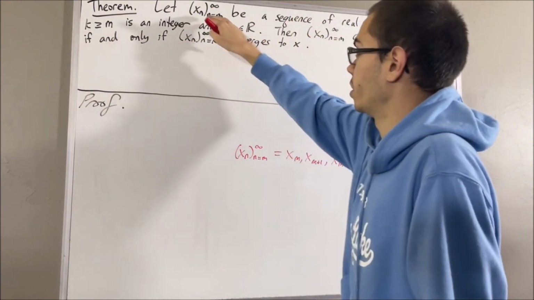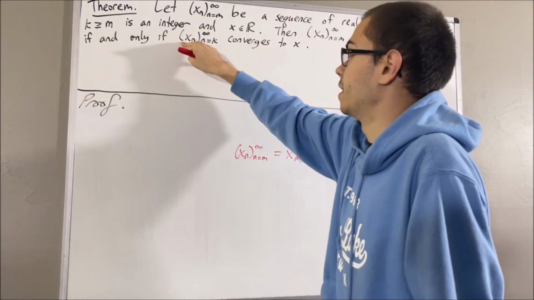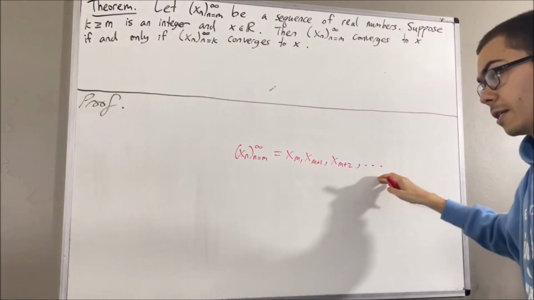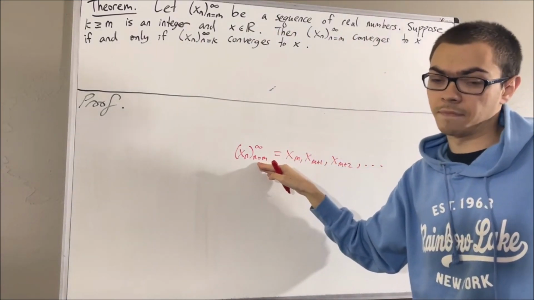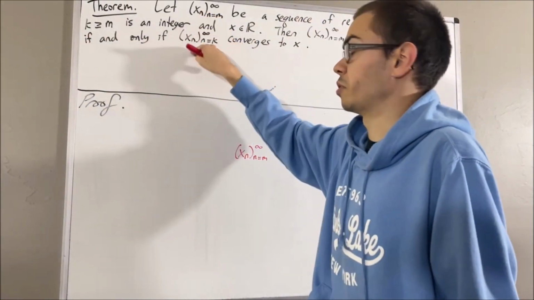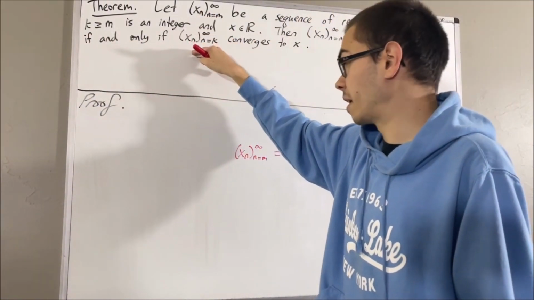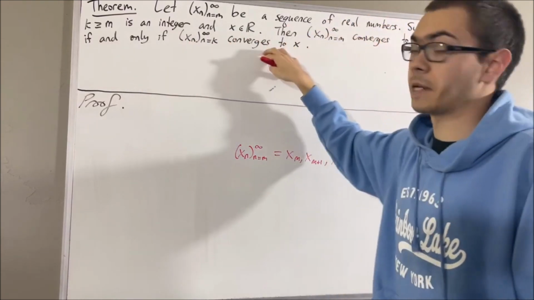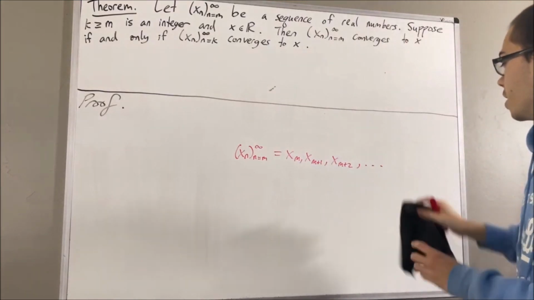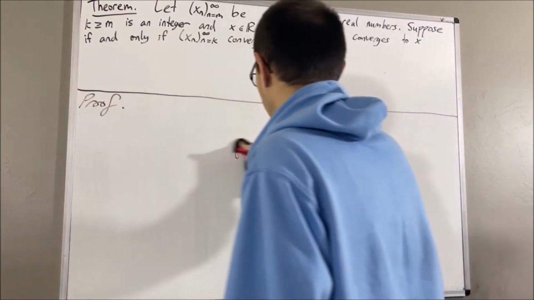The only difference between these two sequences is that the sequence with starting index k is going to start at some later point than the sequence with starting index m. And because that's the only difference, we should expect them to converge to the same value, if one of them converges at all.